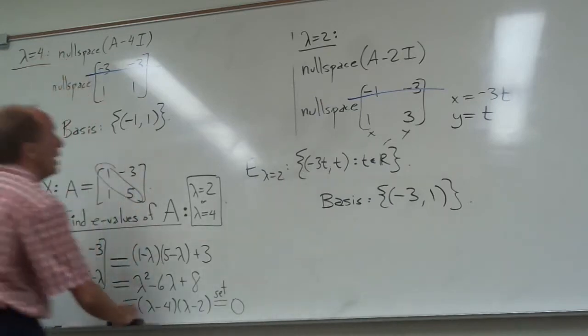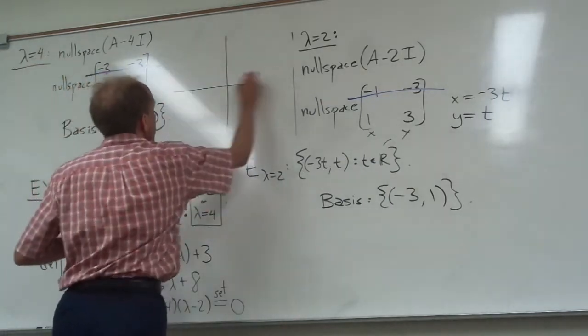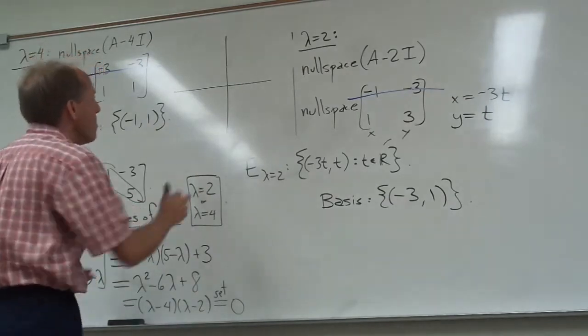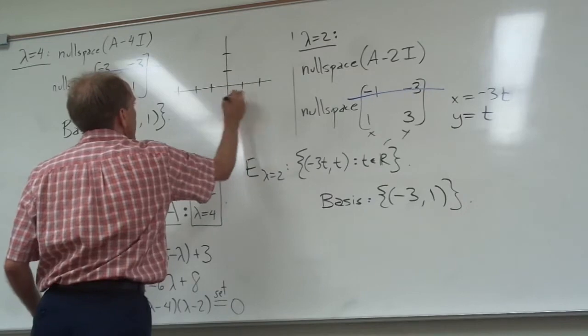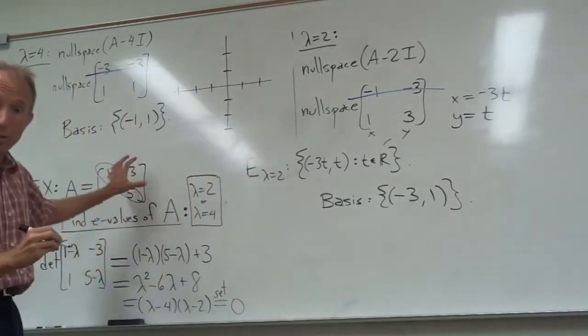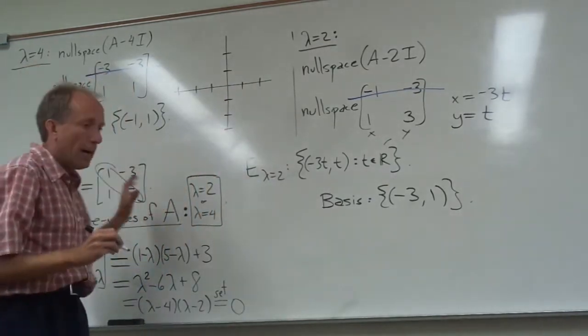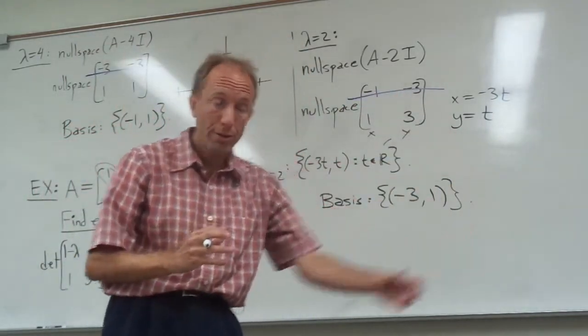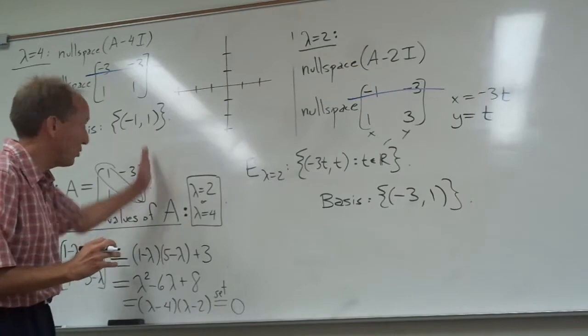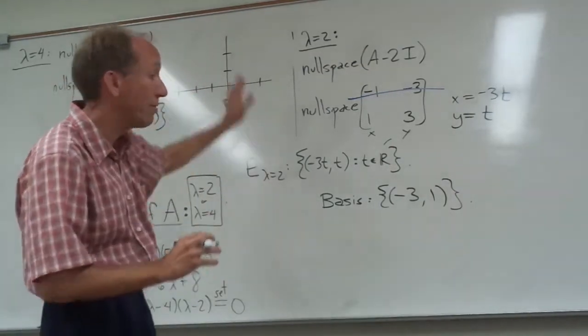Visually, let me give you a quick visual idea of what's really happening here. Let me just draw a picture. Because this is a 2 by 2 matrix, it's really being applied to vectors that are in R2. You take a 2 by 2 matrix, you apply it to a vector in R2. I can actually draw the vectors.